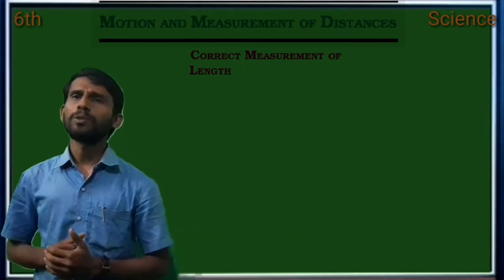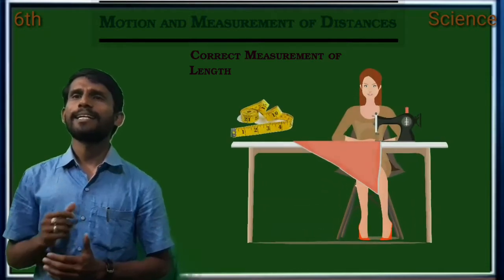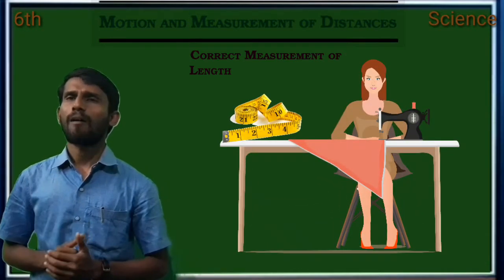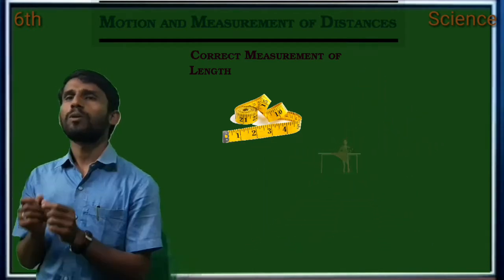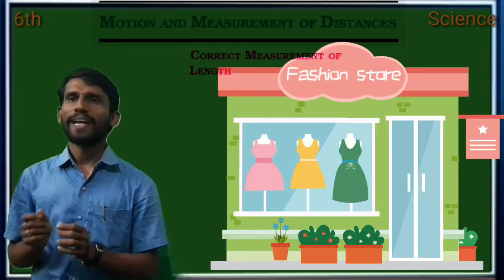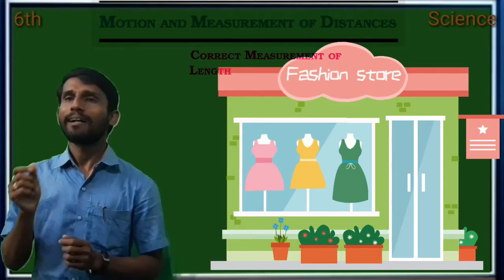If you go to a tailor shop, a tailor uses a tape to measure the cloth. If you go to a cloth shop, the cloth merchant uses a meter to measure the cloth.